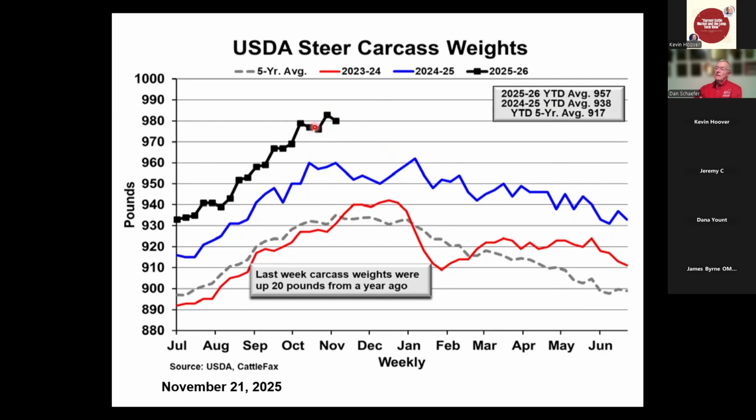So it makes sense that cattle feeders would take these cattle to heavier weights because they can afford to. There's profit associated with doing so. And because the supply of feeder cattle is diminished, this is a way that they can increase the occupancy of their feedlots. That is by holding cattle longer and taking them to heavier weights.